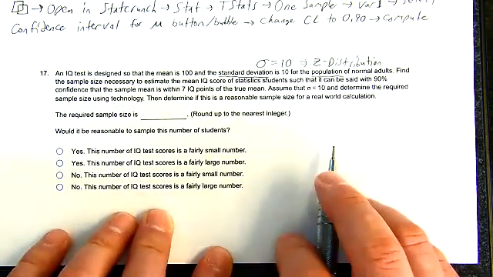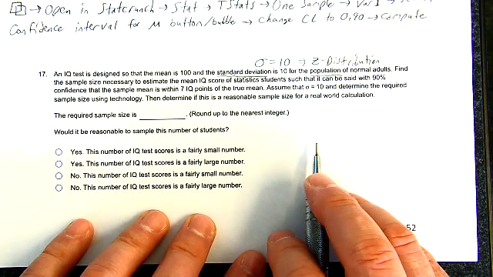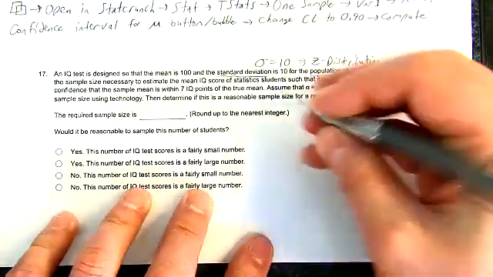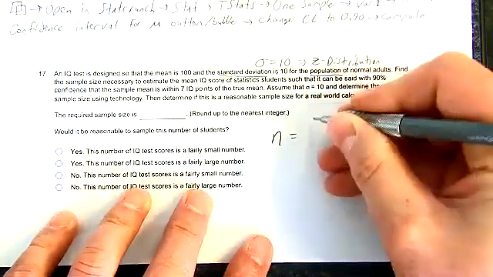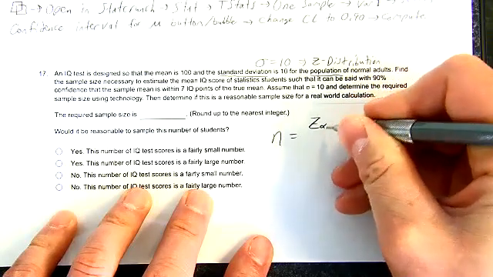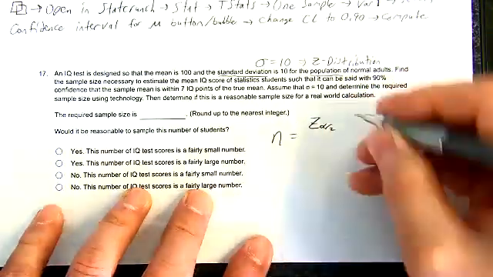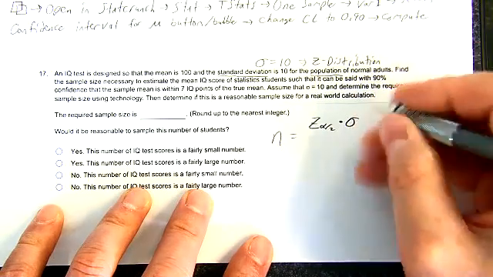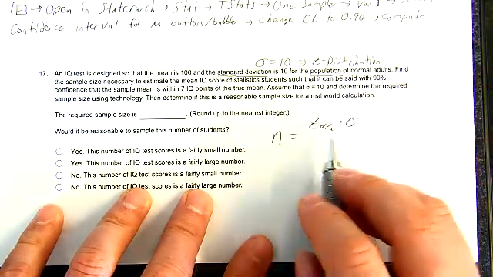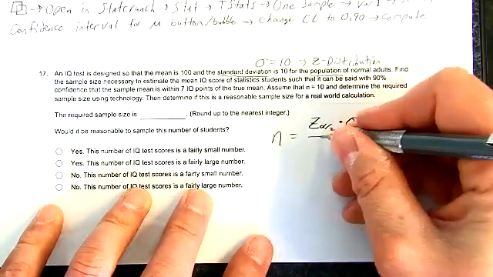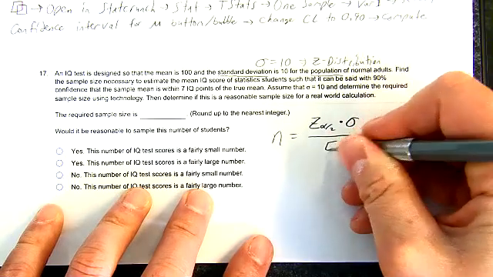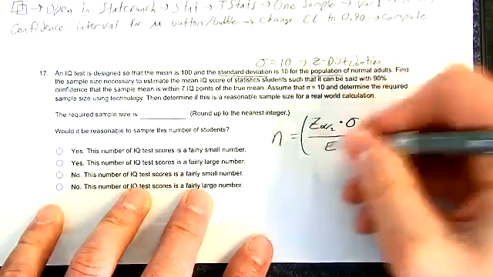Okay, so the equation for this one is the following. Your sample size is equal to your critical z-score times the population standard deviation divided by the margin of error that you pick, squared.